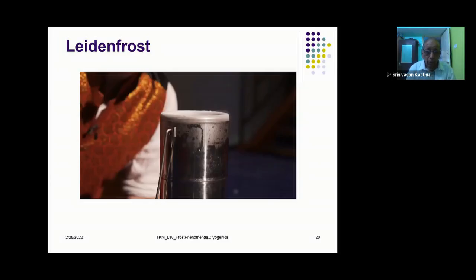So on the hot plate, you can pour water and it can stay over the surface by the cushion barrier of the water vapor. That's what he has shown here. Is that clear? This is called the Leidenfrost effect.